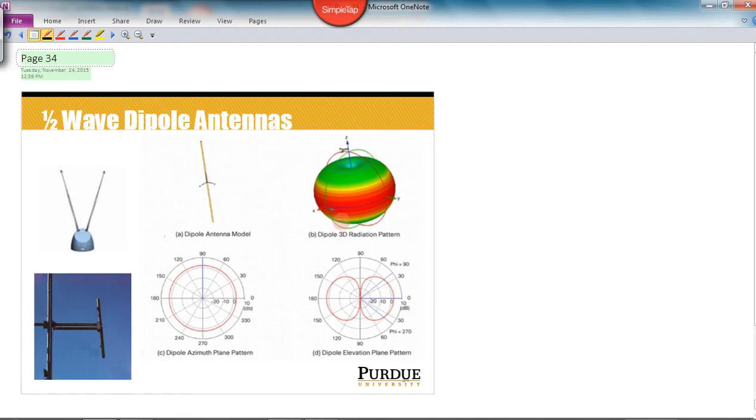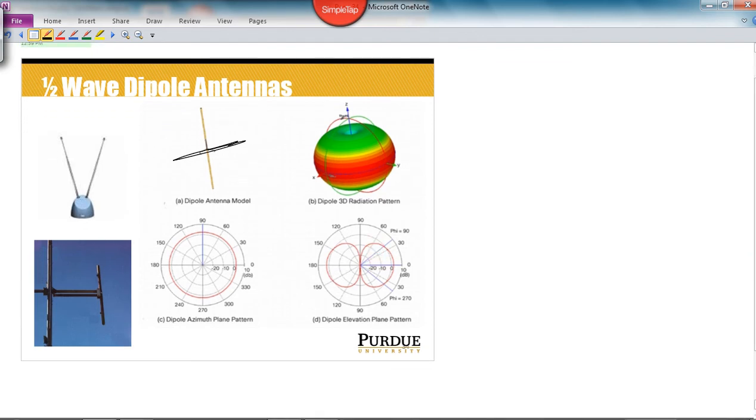You can kind of see that the resulting 3D pattern looks a lot like a donut or a bagel, with the antenna sitting in the hole of the donut and energy radiating outwards. You can see that the strongest area of antenna radiation is going to be perpendicular to the antenna in the XY plane, so right along that axis right there.